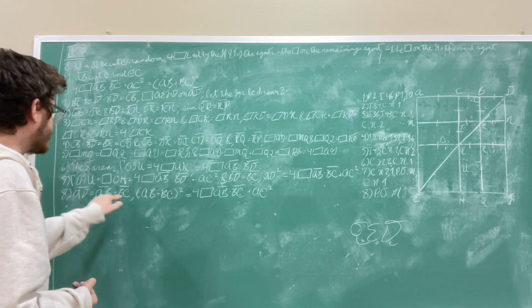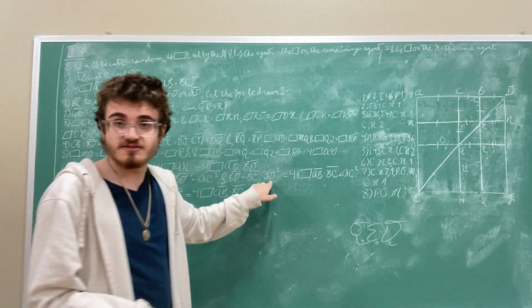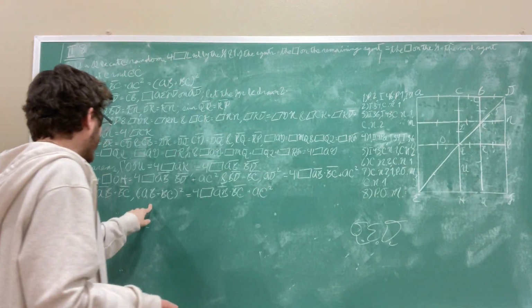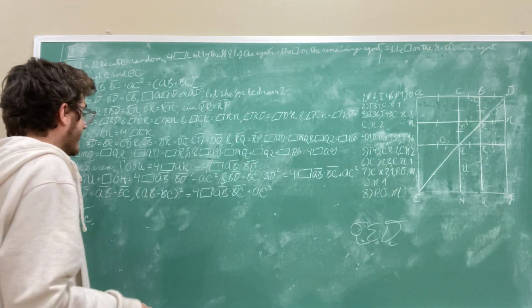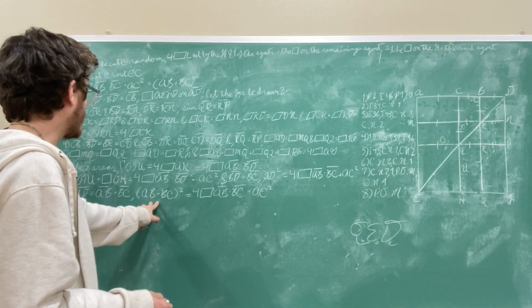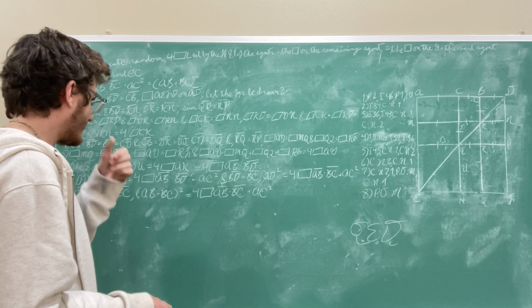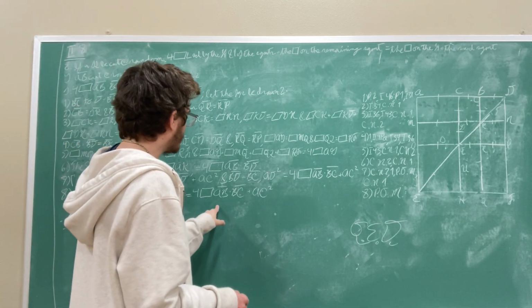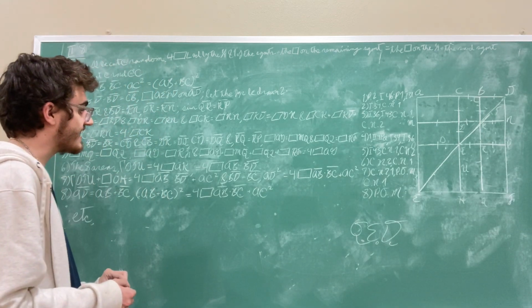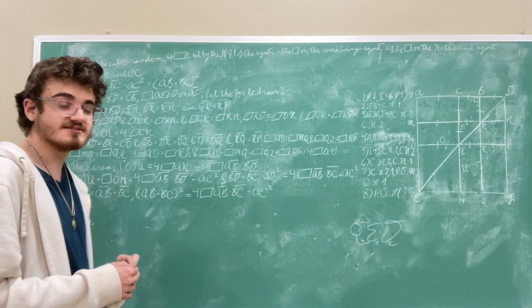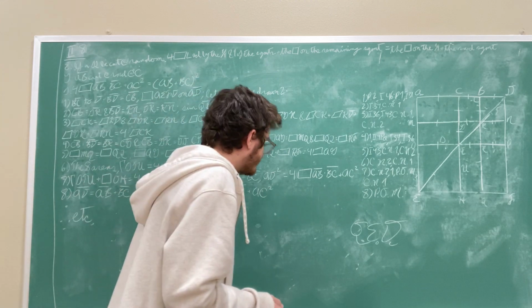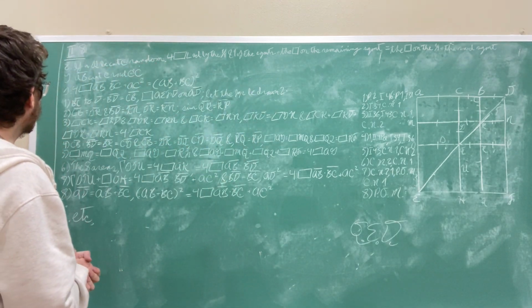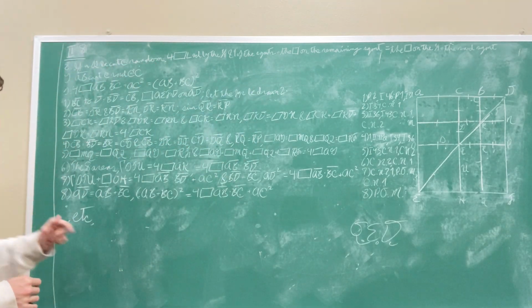And so we can substitute the AD in this step right here for AB plus BC. And so we can say that the square on AB and BC is equal to 4 times the rectangle contained by AB and BC plus the square on AC. And this being what was set out to have been proven, we're done with the proposition, therefore, etc.